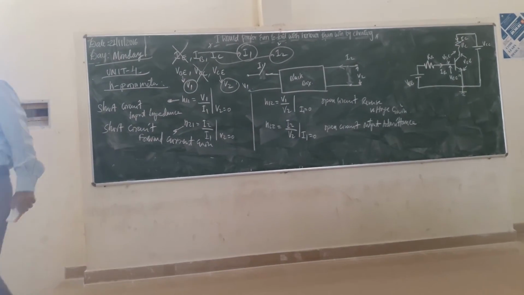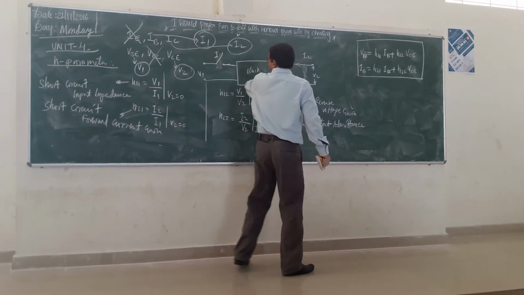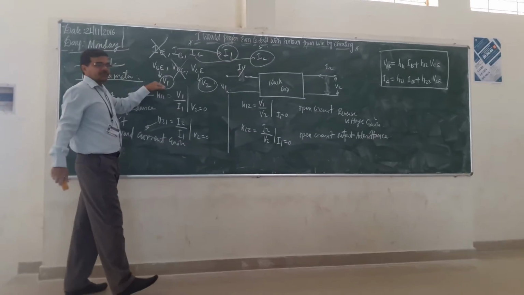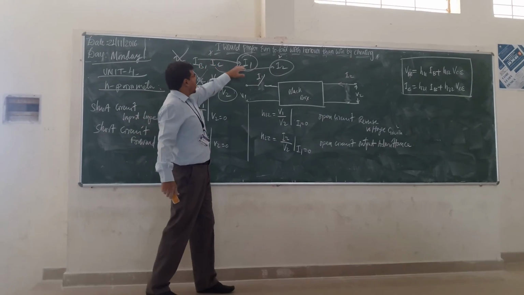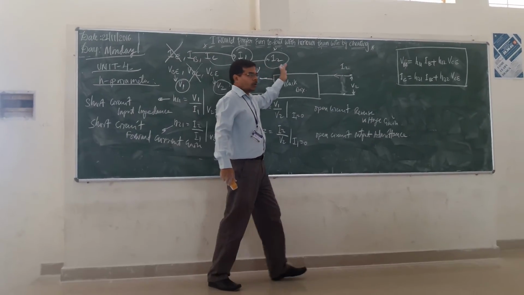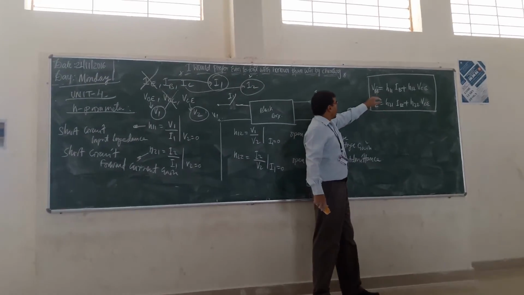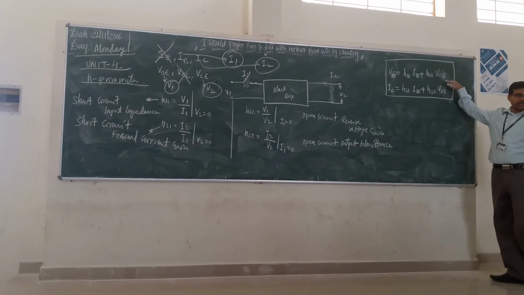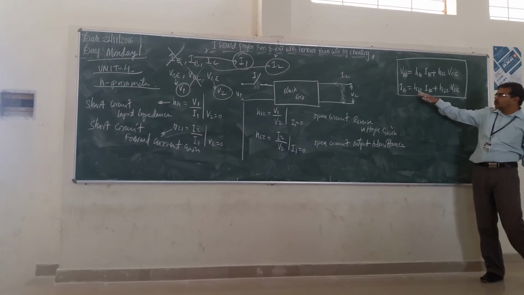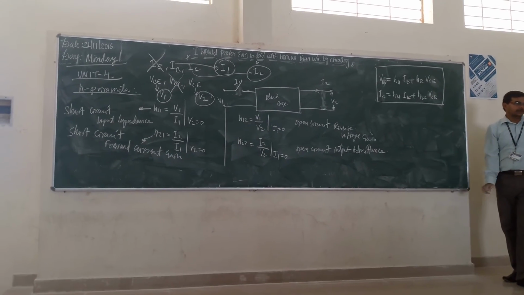Okay. H parameter equation is there. I have replaced this configuration. I have considered this as V1, this as V2, this as I1 and this one as I2. Just replacing this, I got this equation. VBE is equal to H11 IB plus H12 VCE. IC is equal to H21 IB plus H22 VCE. Okay.